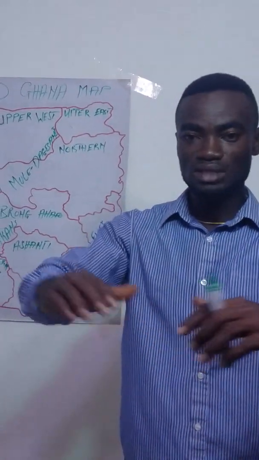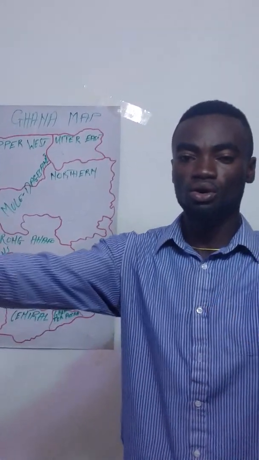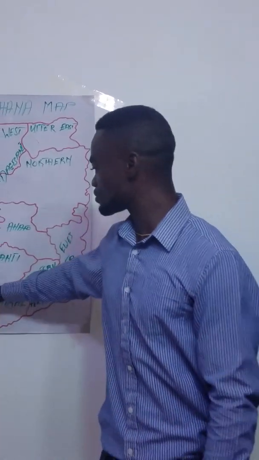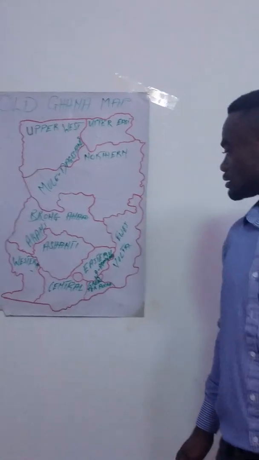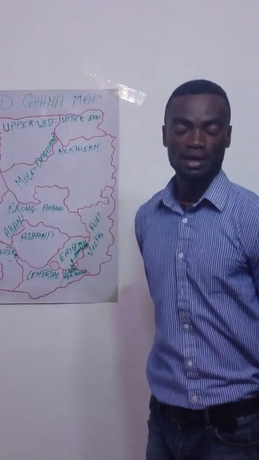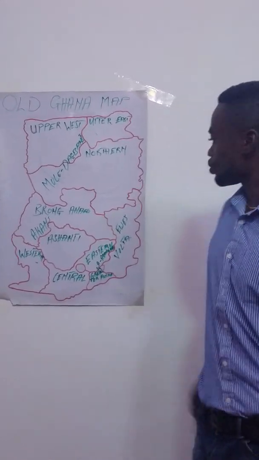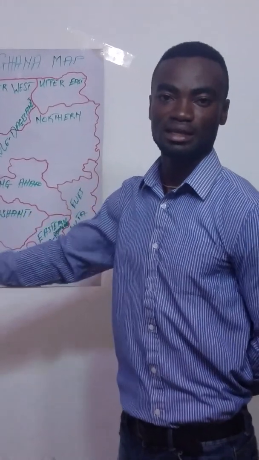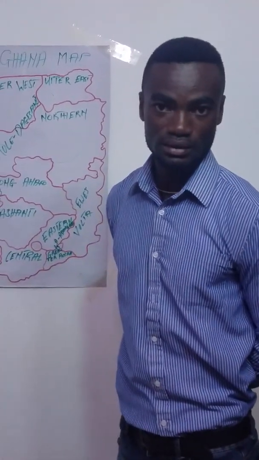By Osei Tutu's act, he was able to bring all these people together, and they fought against the Denkyira, a common enemy. So all these factors contributed to the rise of states and kingdoms in Ghana.